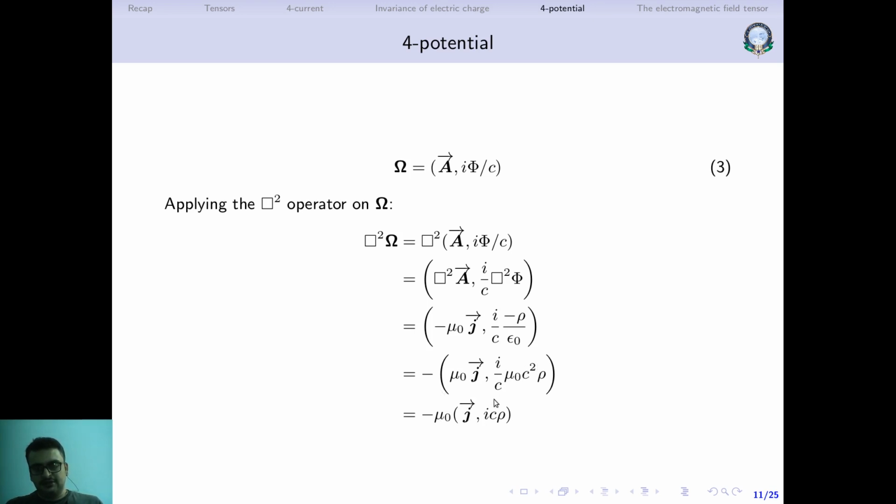One of the c's will get cancelled, so only a c remains. So what is left behind is ic into rho. So minus mu naught times j comma ic rho. This we remember, because j comma ic rho is our 4 current. So the D'Alembert of the 4 potential is equal to minus mu naught times the 4 current.